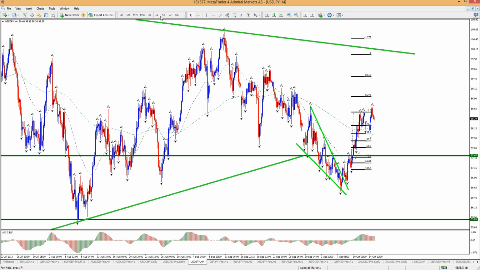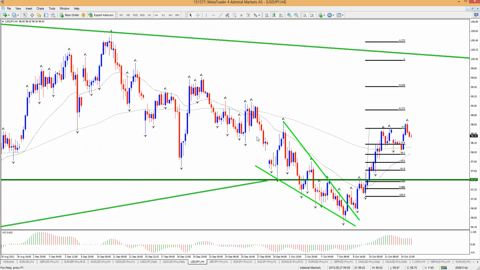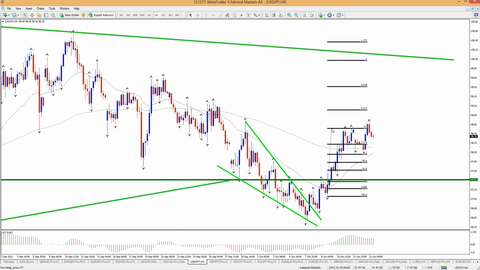Let's take a look at the 4-hour chart. You can see the 4-hour chart is still nicely oscillating to the upside. Basically, if the currency were to challenge these support factors, we should see a bounce there.